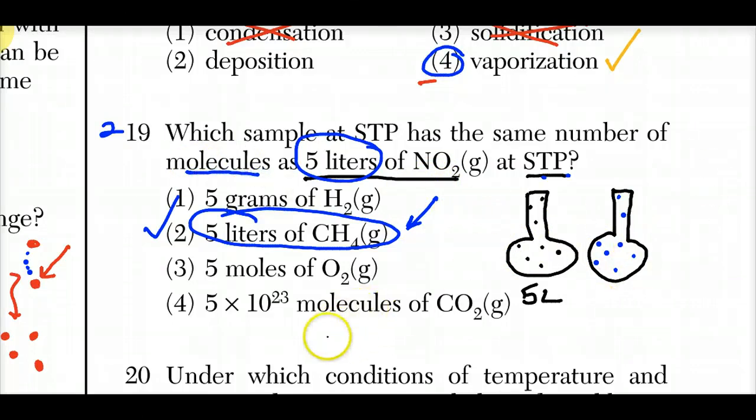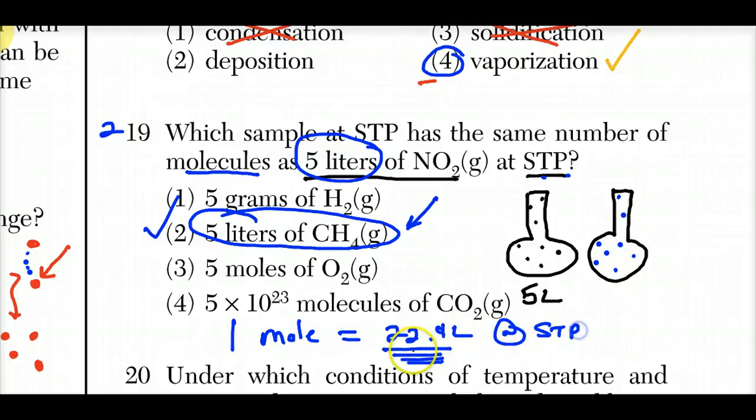And to continue with this a little further, you know that 1 mole of any gas, if you took a good chemistry class, is 22.4 liters. Of which gas? Of any gas. So if you have the same volume, this is at STP, you have the same number of particles. Well, that's what this is alluding to. Number 19 is 2, the same problem.